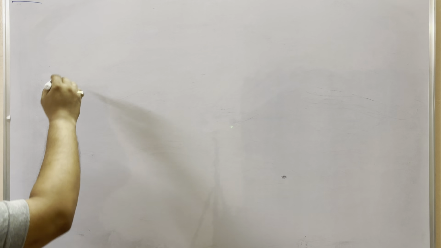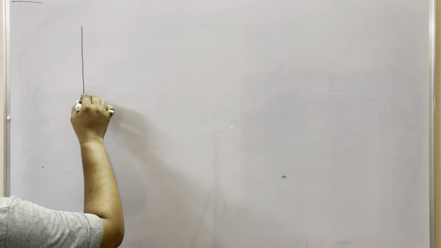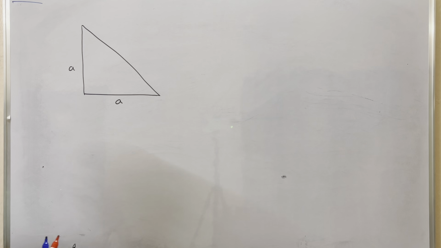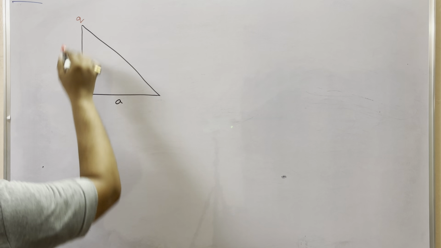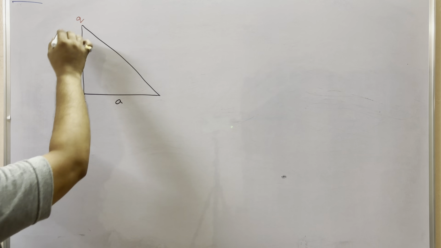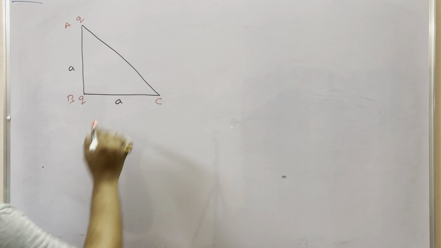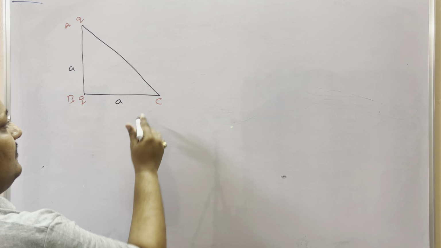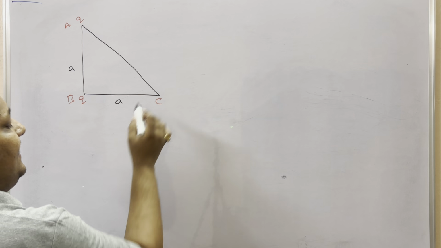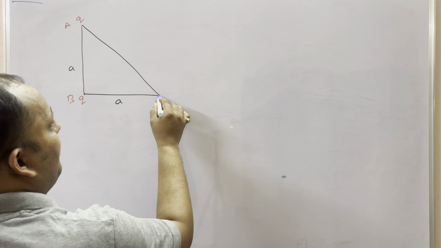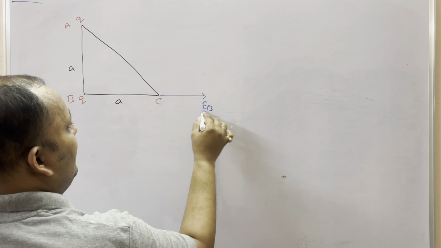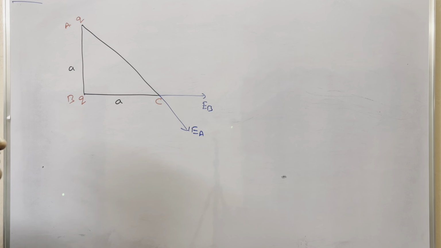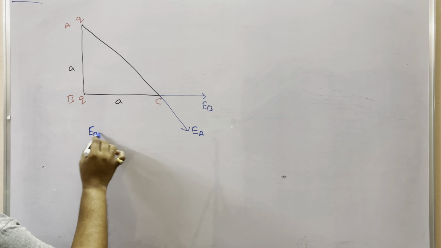Now try this problem, triangle only, isosceles triangle. So two charges Q and Q are placed at A, B, C. Find the resultant electric field intensity at C, they will ask. Because of this B, electric field intensity will be away because positive charge, EB. Now what is EB?